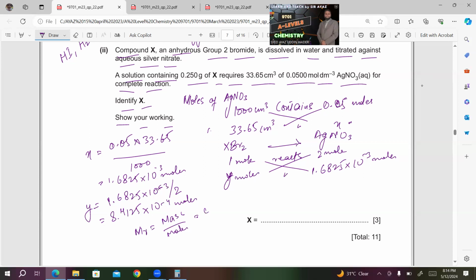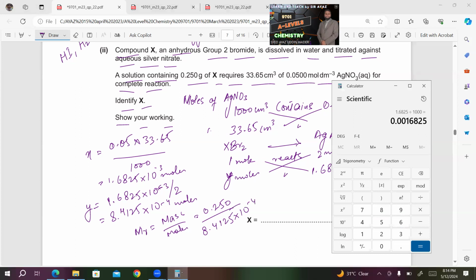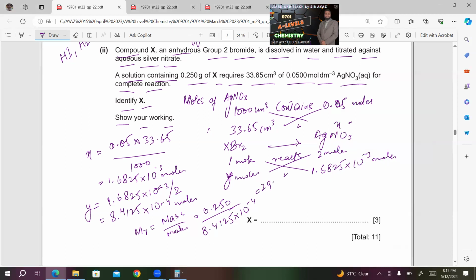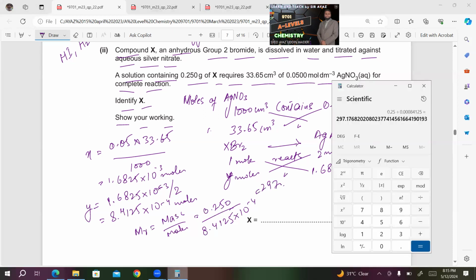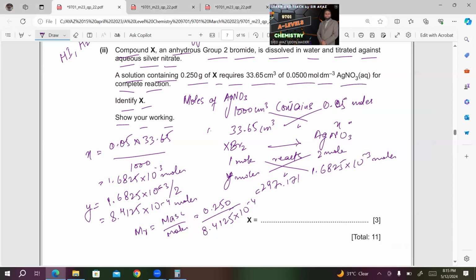We'll divide the mass, that is 0.25, by the moles, which is 8.4125 into 10 to the power minus 4. 0.25 divided by 8.4125 into 10 to the power minus 4, it is 297.176.